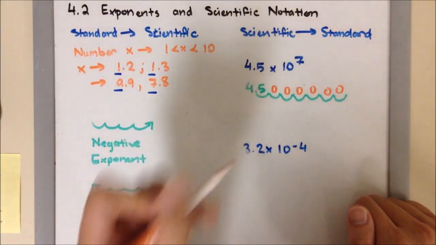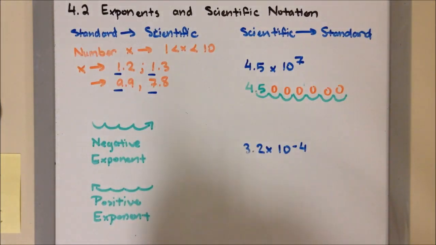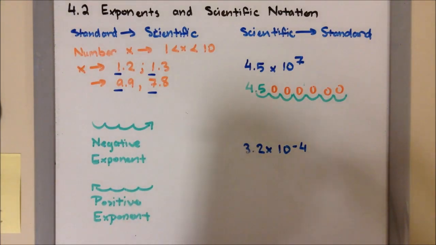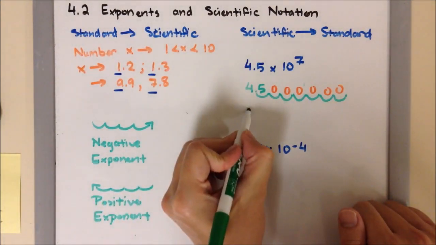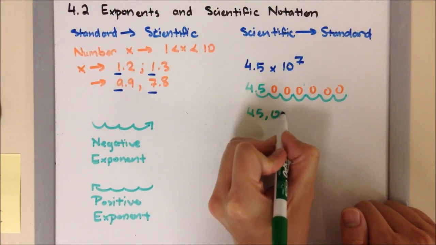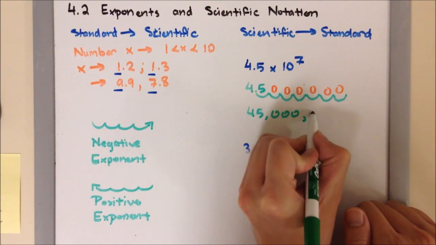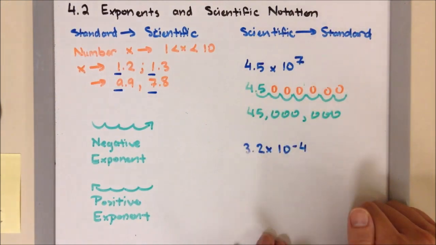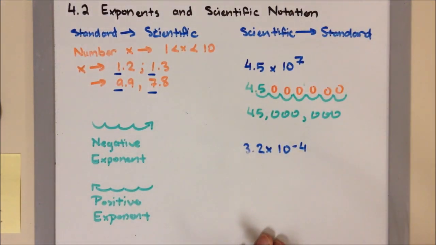So 6 zeros. So it's basically going to be 45 million. That's going to be my standard number.